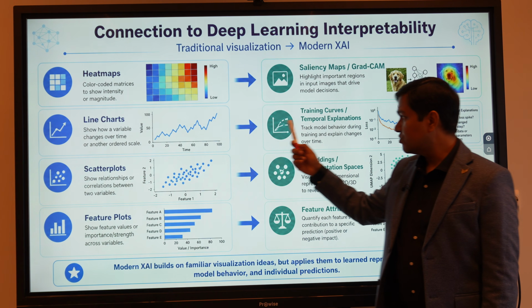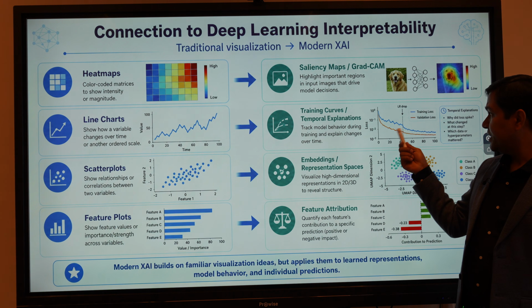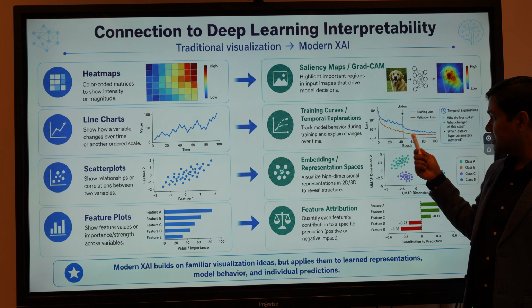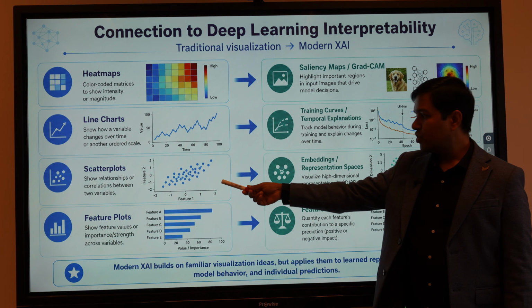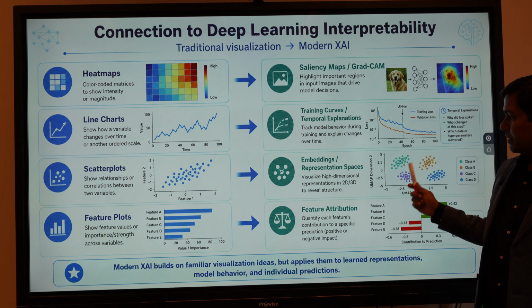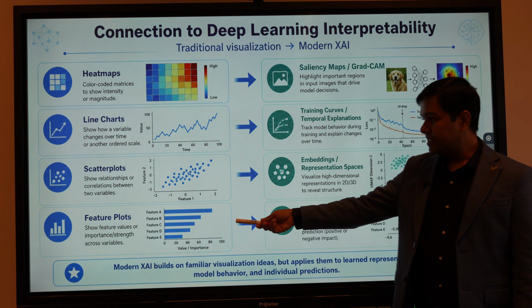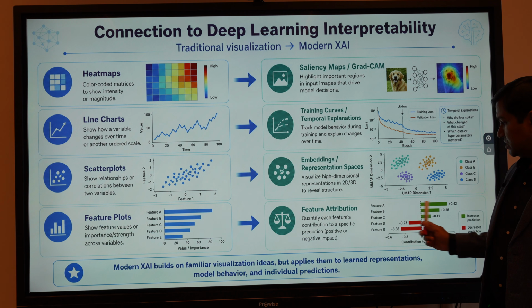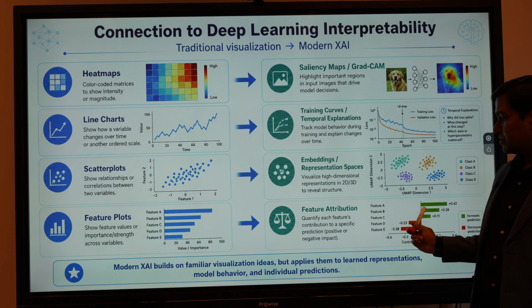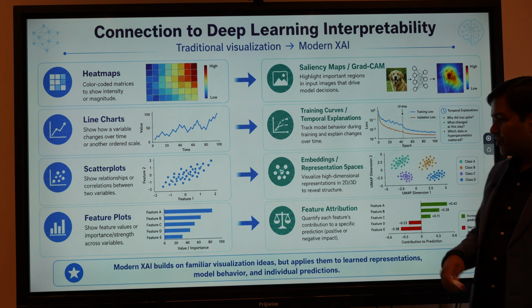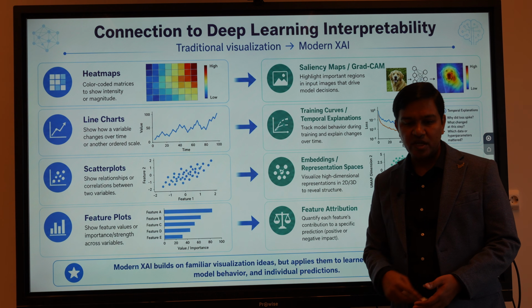The line chart is used to show whether the error is reducing during training or not. The scatter plot has been used to show language embedding patterns, and feature plots can help in finding the feature map. SHAP values are also there, and they can be helpful.